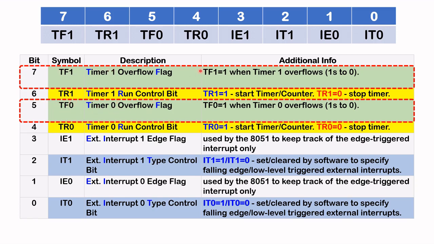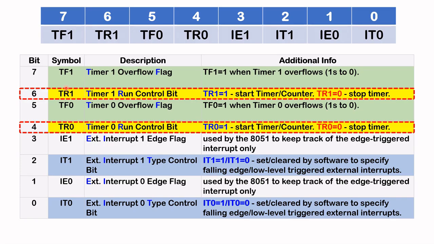So the overflow flag TF will be set to 1 when the timer overflows. That means from logic 1s, it goes to logic 0. In the transition from 1s to 0, the TF flag will be set to 1. We will see this in the demonstration later on.